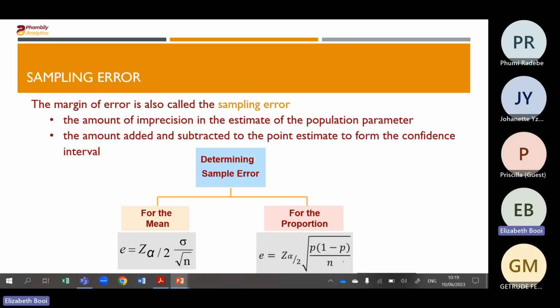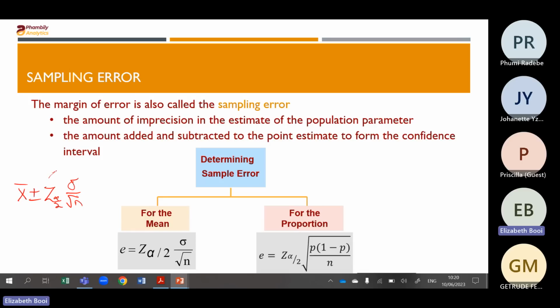So you will see that it's the value that you calculate after the plus or minus boundary is the amount that is added or subtracted, because we are adding or subtracting. Remember, if it was for the population mean, it's the plus or minus your Z alpha divided by 2 times the standard error. You are either adding it or subtracting it from the point estimate.